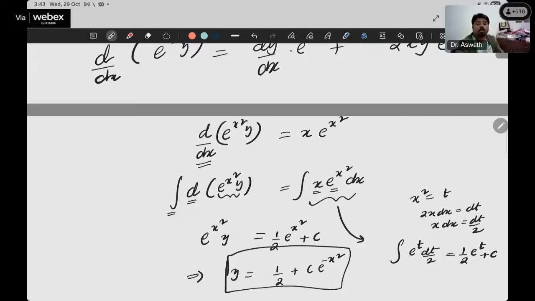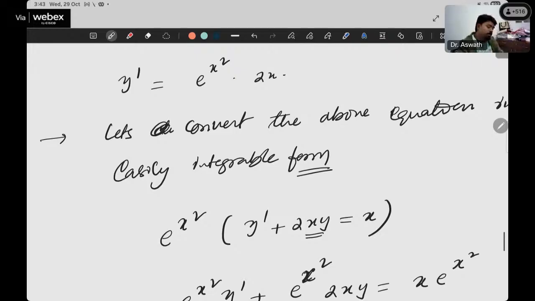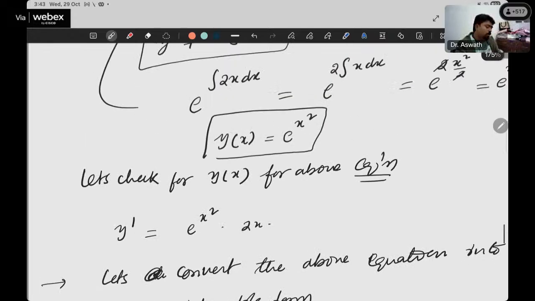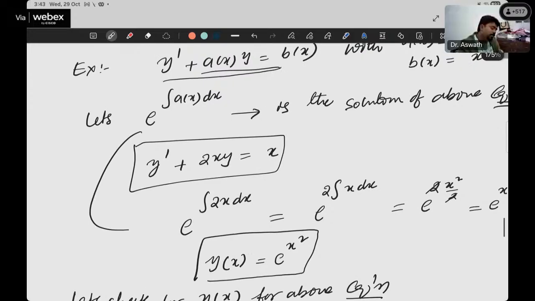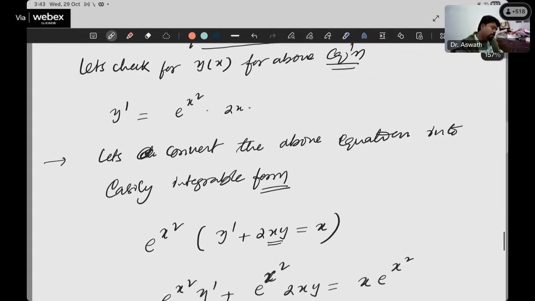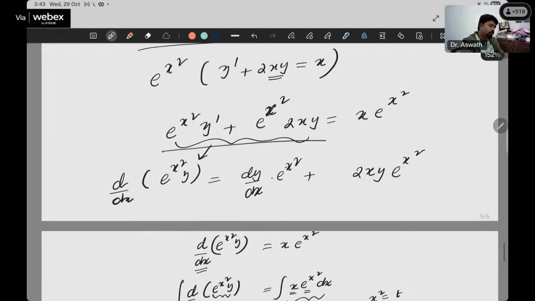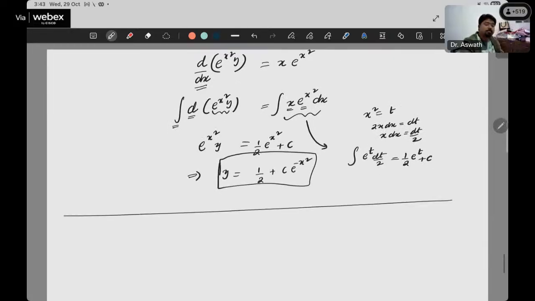You see, even in a complicated scenario, where there is a product of dependent and independent variables, we can multiply the entire equation by some factor, an exponential of some function, and convert the given differential equation to an easily integrable form. The moment you do that, you can find the solutions easily. This is one more technique.